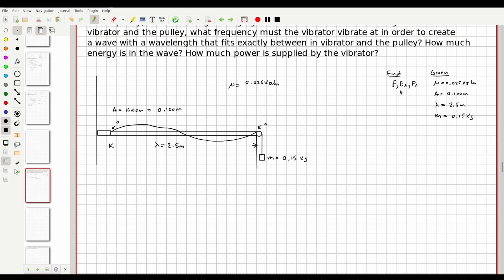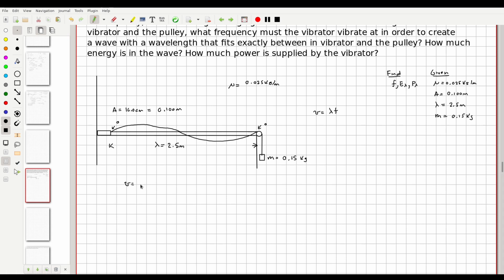What we're going to want to do is find the frequency of the string vibrator before we find the energy and also the power. And we know that v is equal to lambda times f. Now we have lambda. We can find v based off of the properties of the string, and that'll enable us to find this f. So what's v?